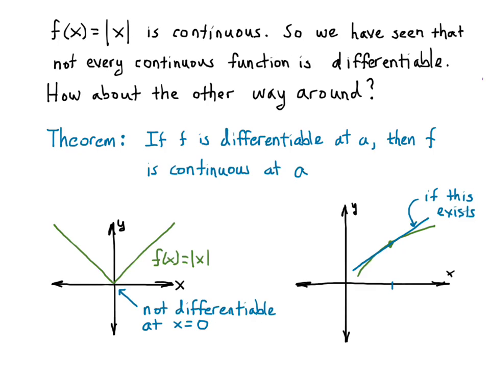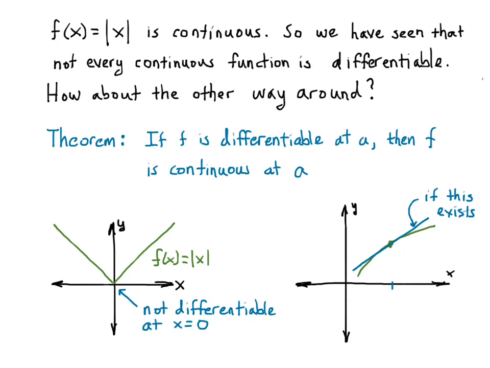So if this exists, this has to exist, this has to exist, and this has to exist in order for the limit to exist, right? And so f at a has to exist, and it has to be equal to the limit as h goes to 0. Well, we're just talking about a particular point, so that's a value that's not going to change with our limit, so it must exist.